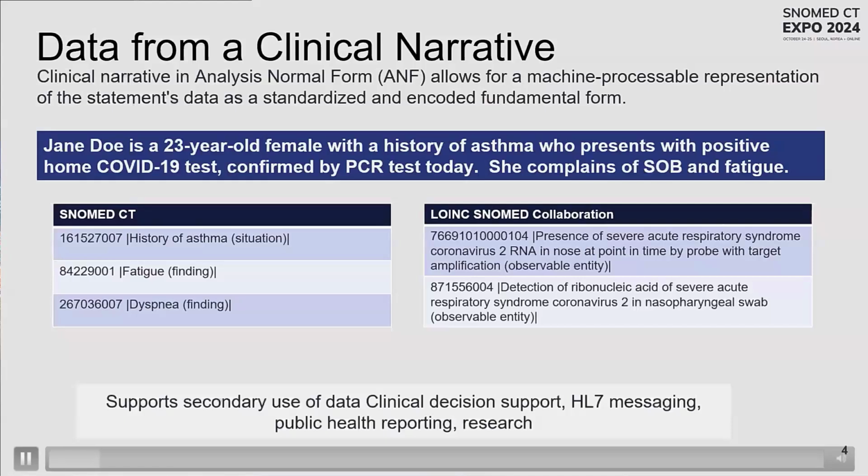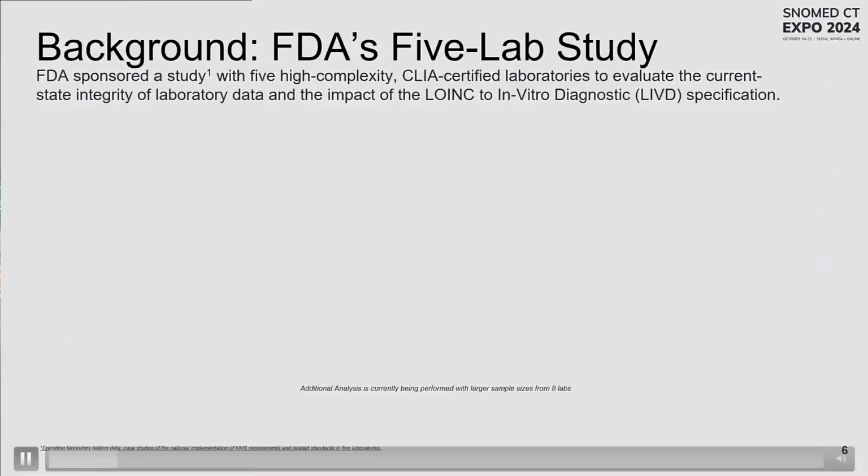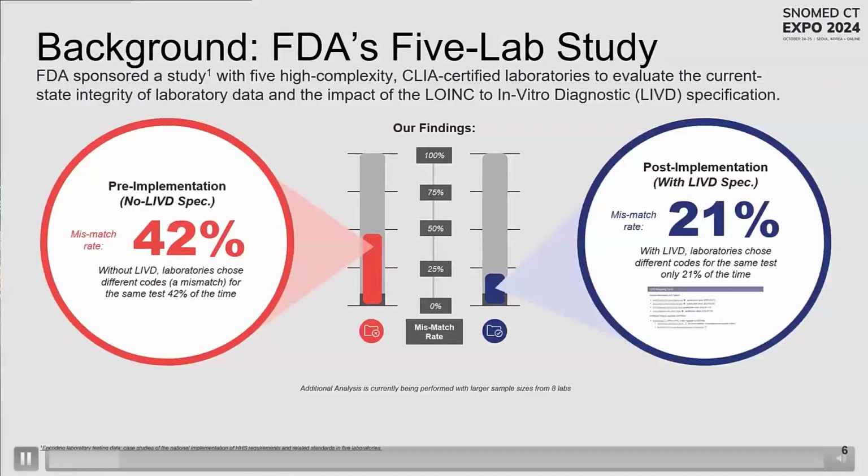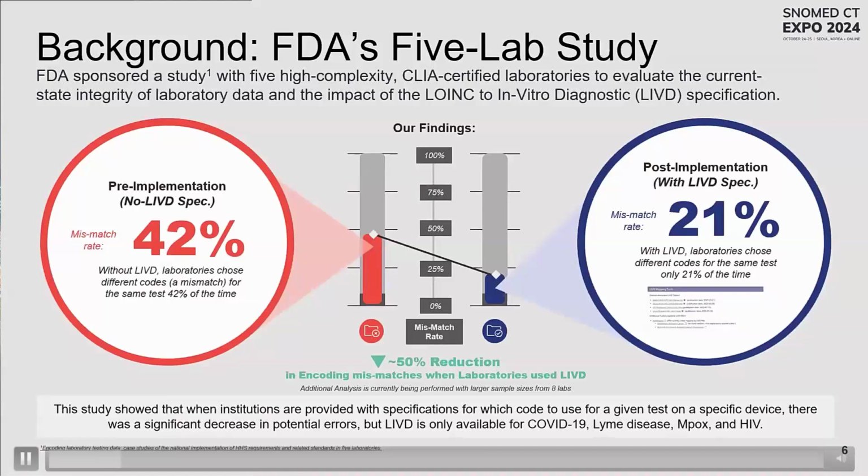Using the analysis normal form or other forms of structured data or other data mining applications, we can leverage terminology codes for secondary uses of clinical data for interoperability, for research, for disease surveillance, and the like. But important lab data related to the lab results is missing in these codes and in this data. So let's take a look at the current state of our lab data.